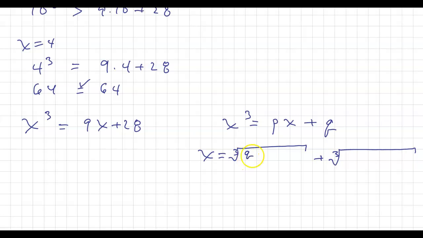Each cube root itself is q over 2 plus the square root of q over 2 squared minus p over 3 cubed. And the second cube root is almost the same thing, except there's a minus there. So that's the formula.